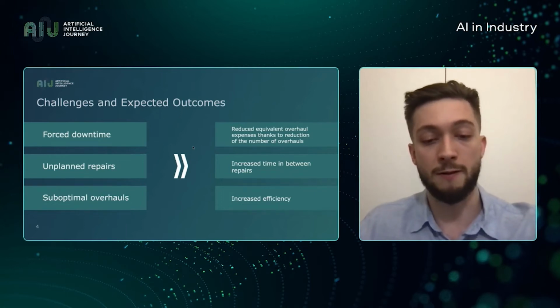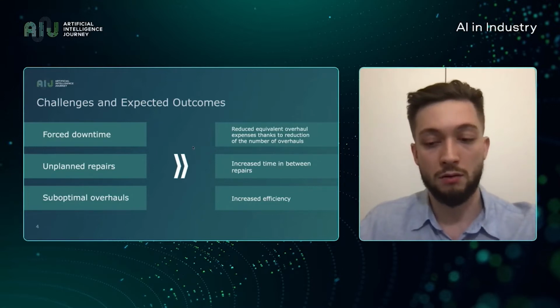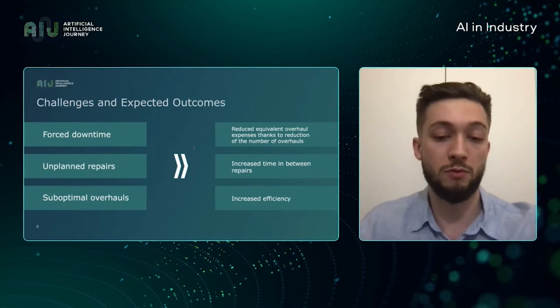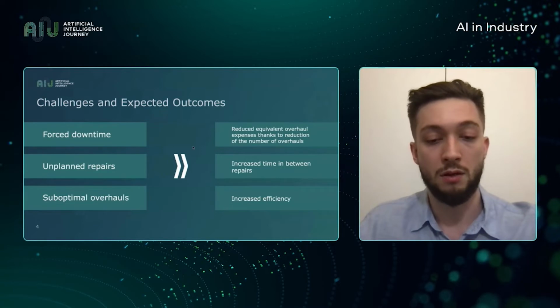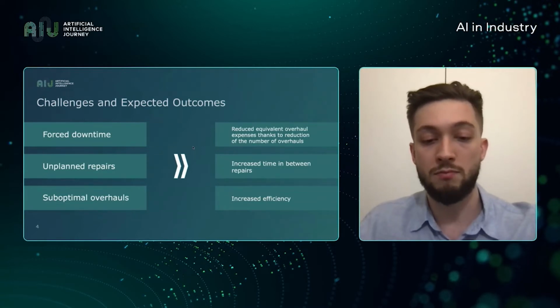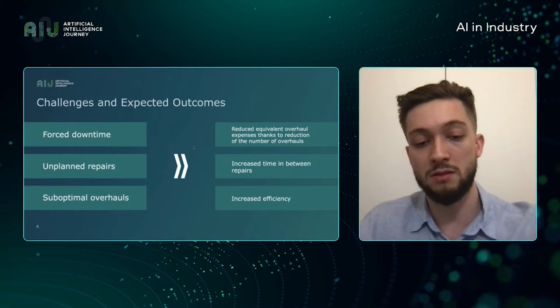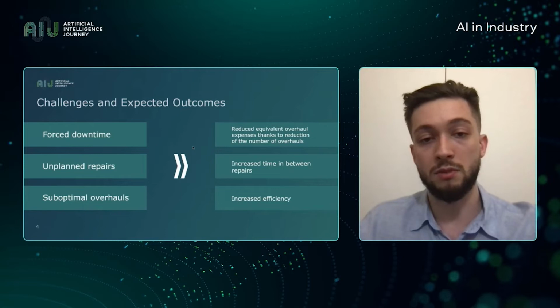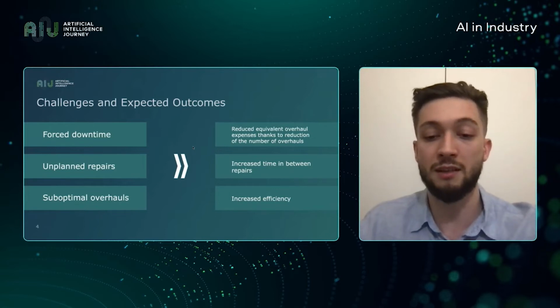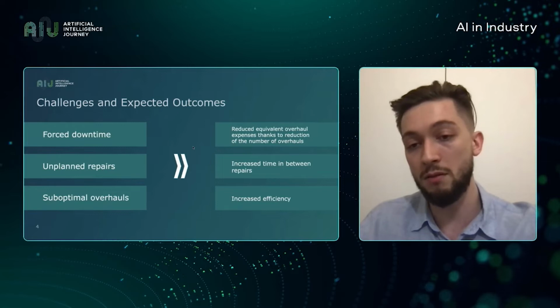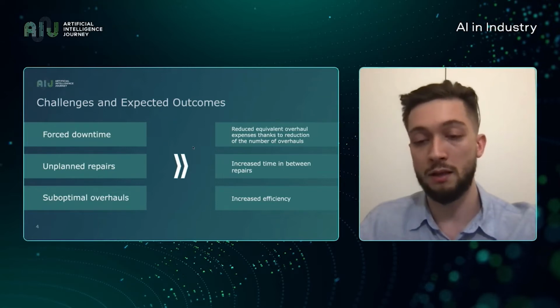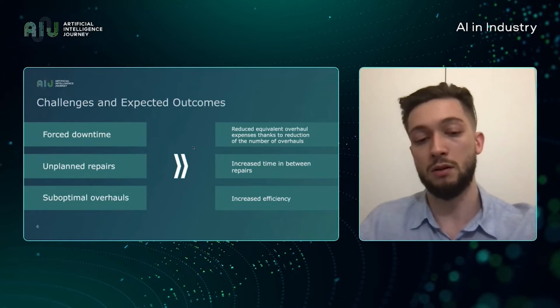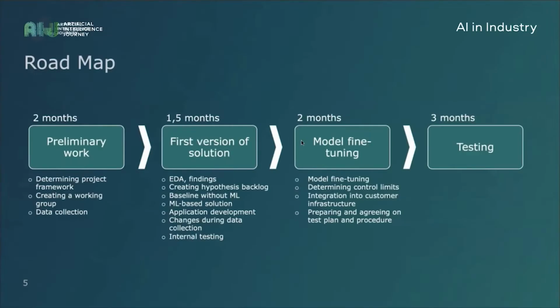And the third problem is that plant maintenance can be routine, or it can be in case of a failure. So ideally, overhauls should be planned to increase efficiency of equipment and time in between repairs. Well, it helps to boost performance.